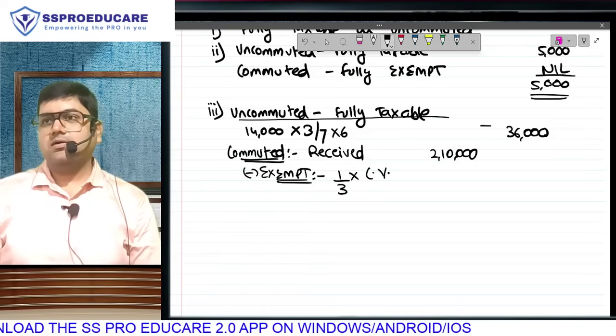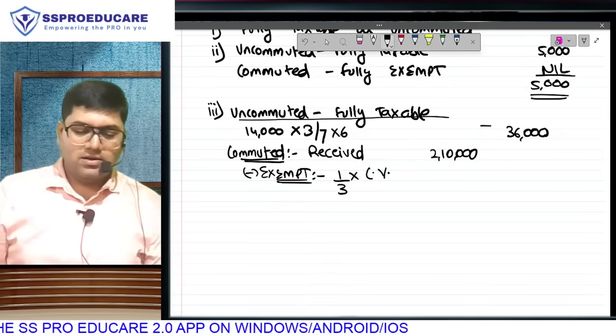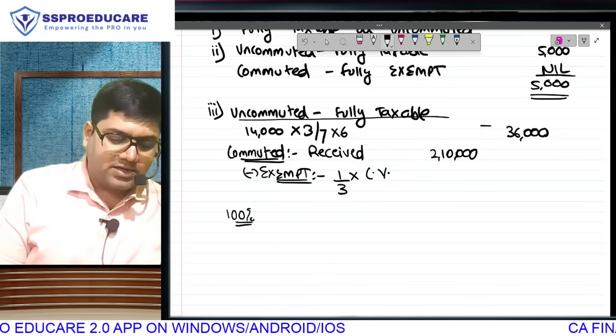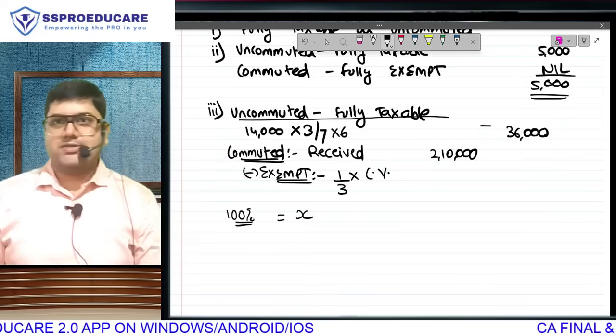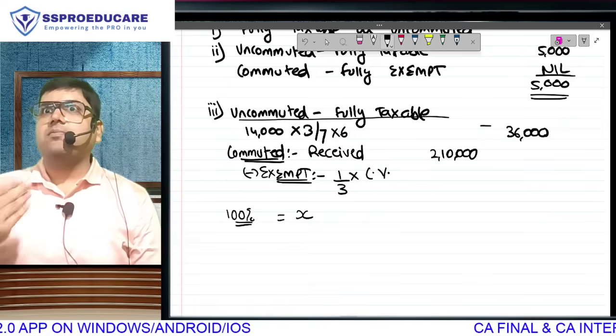Supposingly, I go for 100% commutation, let that amount be X. So no, 1/3 or half is not applied on the amount that we have received.